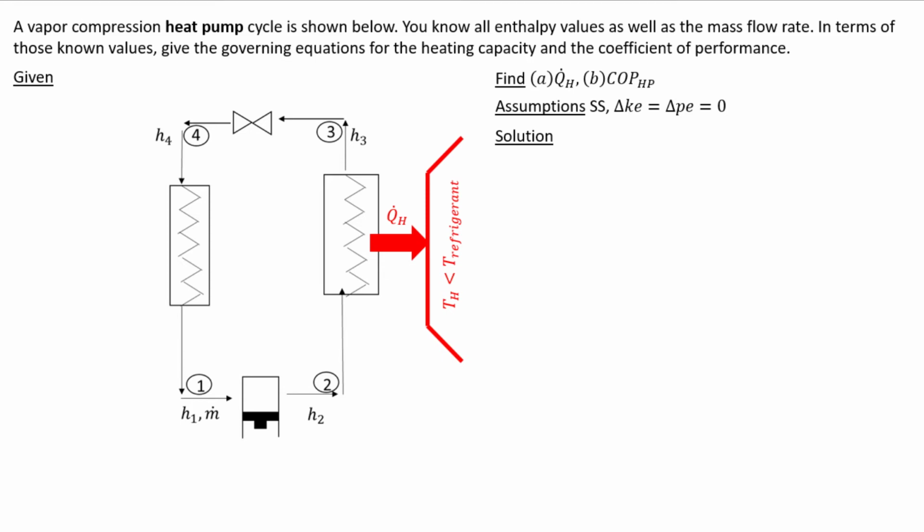So as it moves from 2 to 3, that refrigerant is going to condense. It's going to come out at state 3 as a saturated liquid. Then you're going to throttle it down to an even lower pressure and a lower temperature.